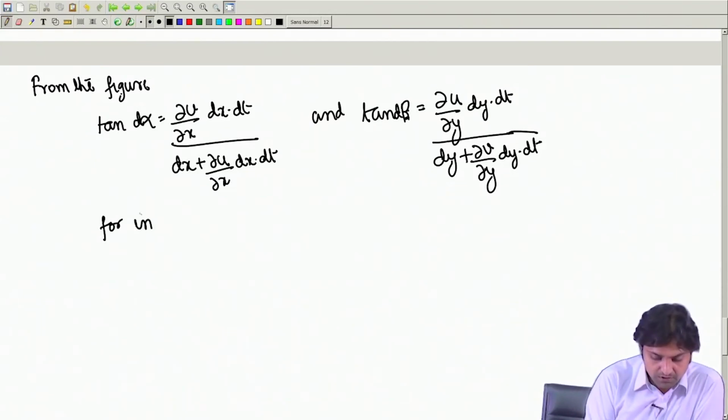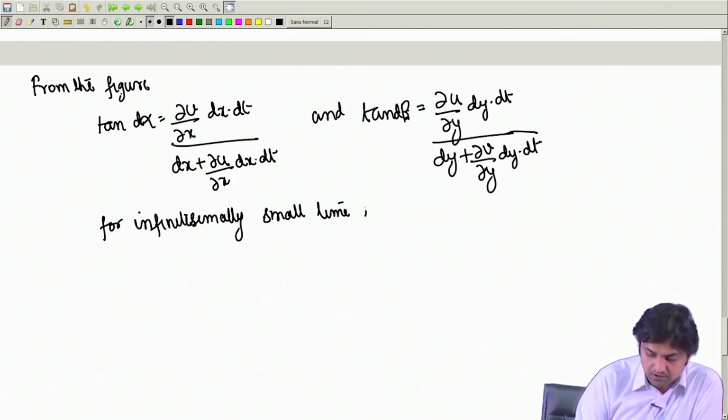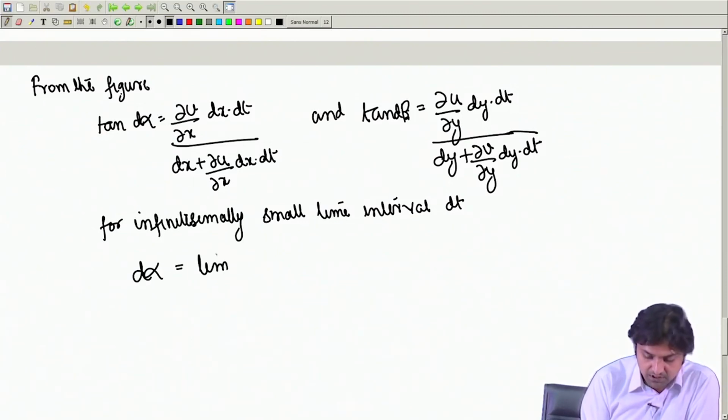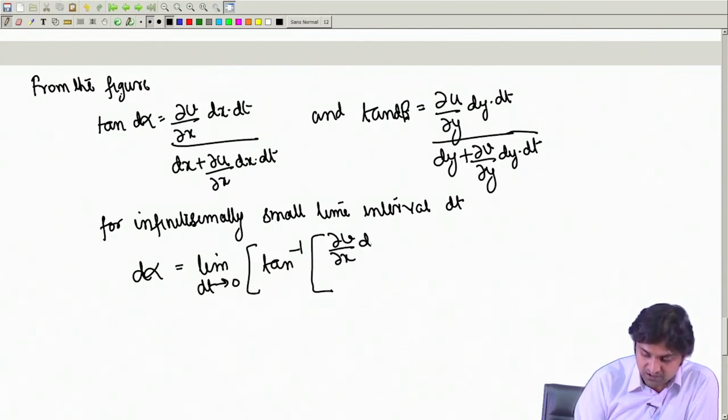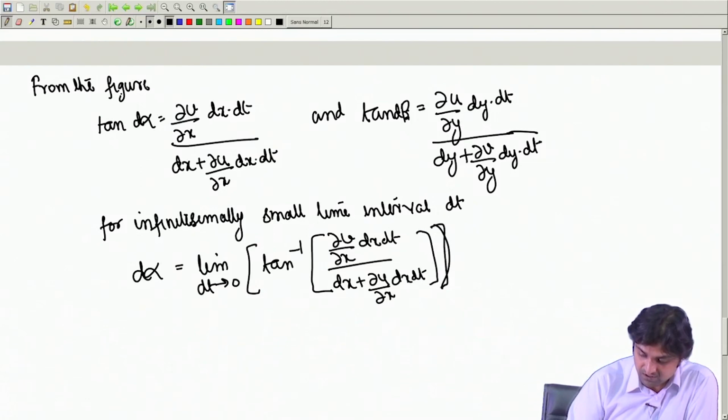So for an infinitesimally small time interval dt, if the time interval is very small, we can obtain tan d alpha is d alpha, okay, in the limit dt goes to 0, tan inverse of del v by del x into dx dt divided by dx plus del u by del x into dx dt.